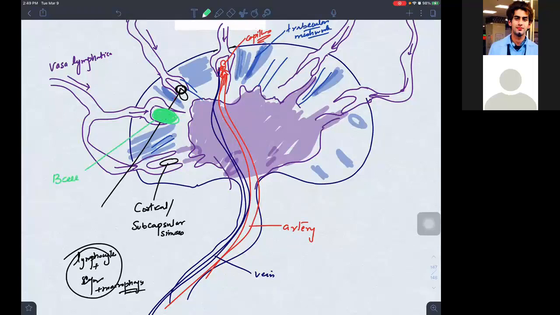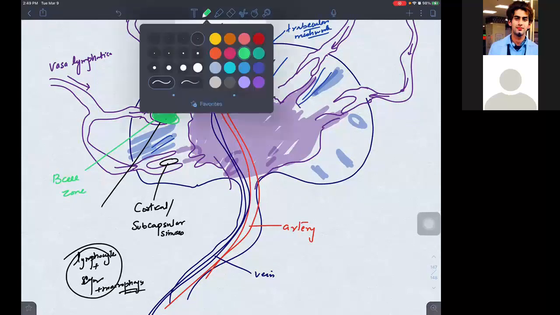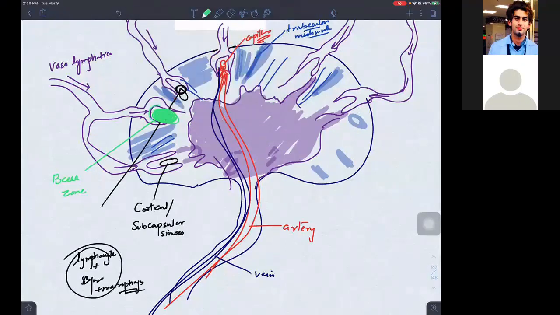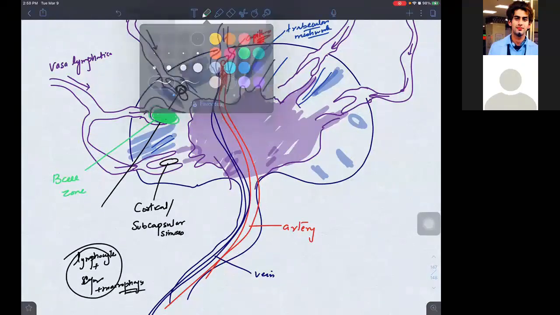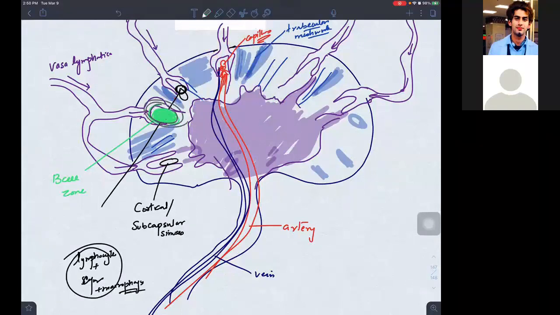Then around that, I will have a paracortical zone, that is the T zone. T zone is paracortical.